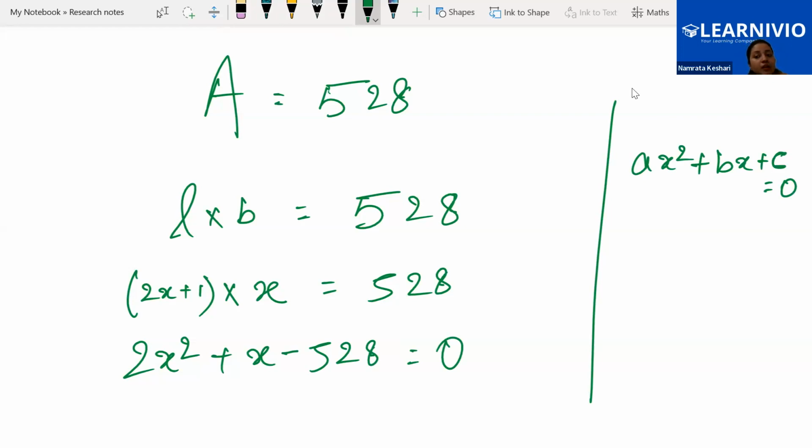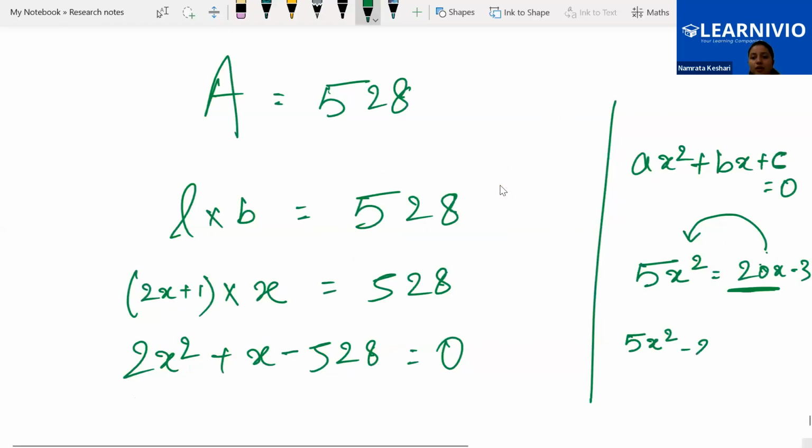Whenever we have an equation like 5x square is equal to 20x minus 3, we keep everything on one side and the other side has to be 0. So we write 5x square, and the 20x we transpose to this side.